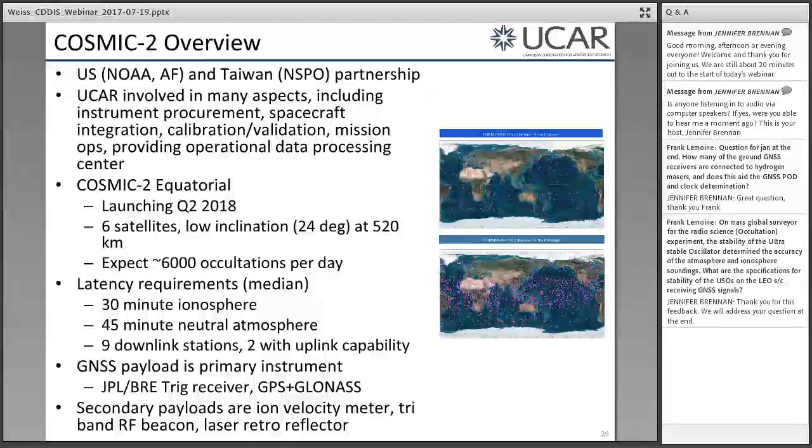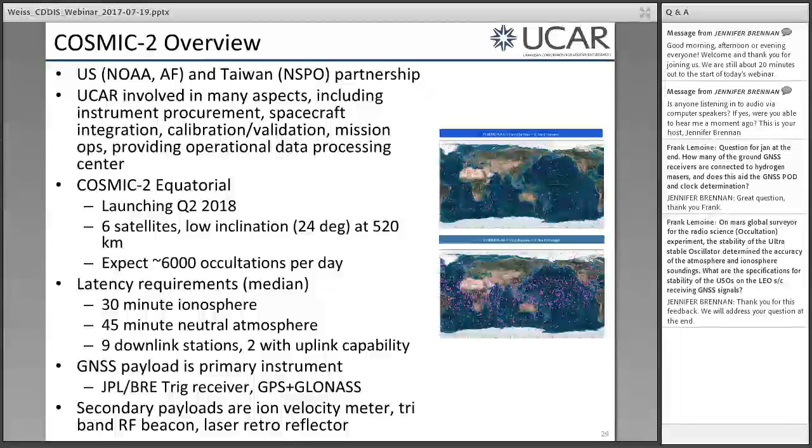Our group is involved in many aspects of this mission, including procuring and validating the instruments, the spacecraft hardware integration and testing, calibration and validation of the instruments once we get into space, the mission operations, including the Operational Data Processing Center, as well as the related science. That will be very exciting once we get into space.